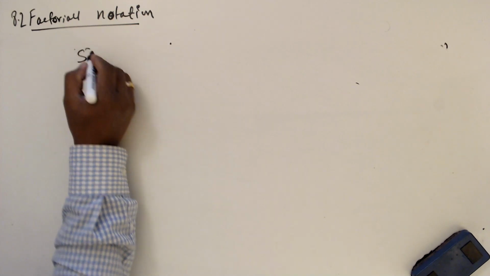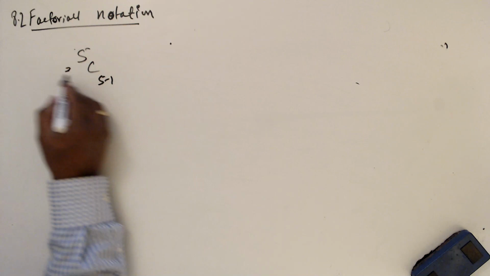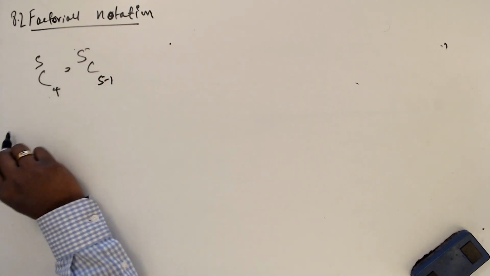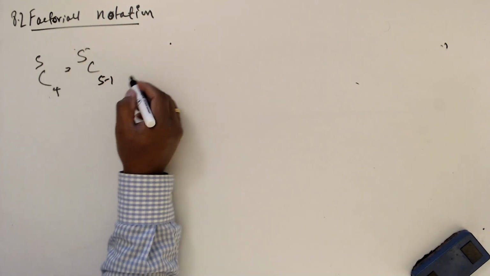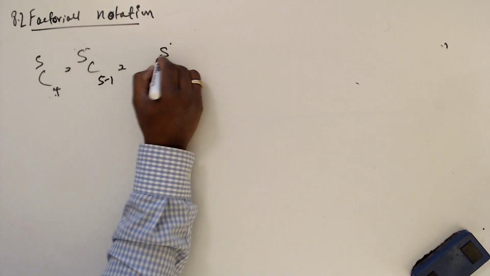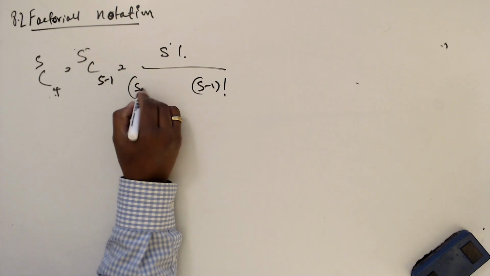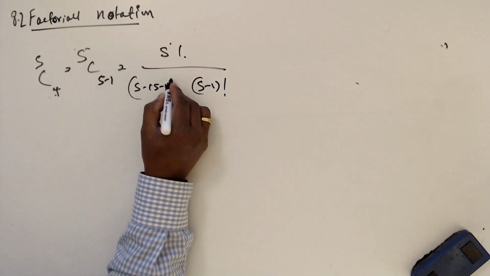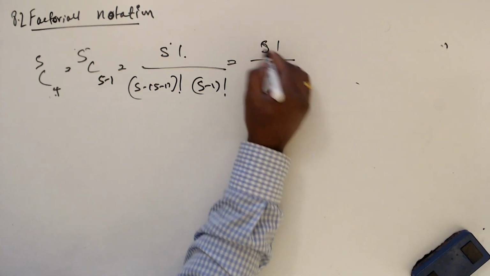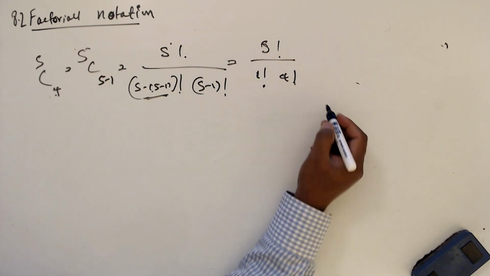This is the same as 5C(5 minus 1). What does 5C(5 minus 1) mean? 5C4. 5C4 or 5C(5 minus 1) is still the same. Factorial 5 over factorial 5 minus 1, then 5 minus 1 factorial. So this is factorial 5 over factorial 4 and factorial 1.